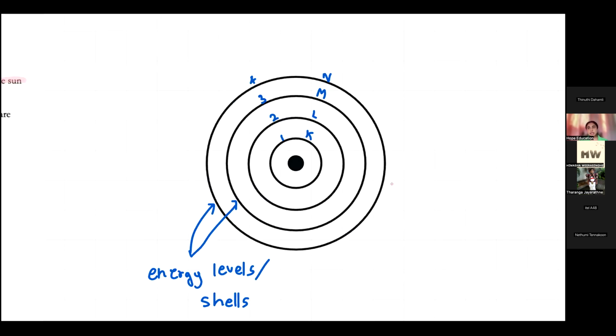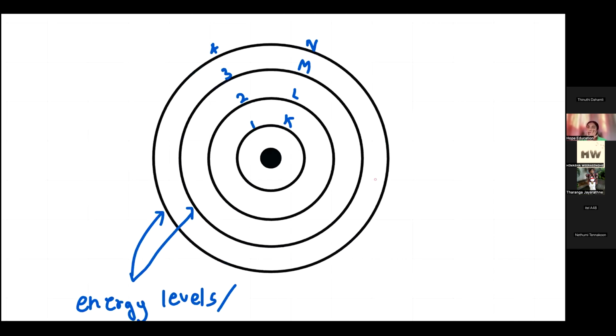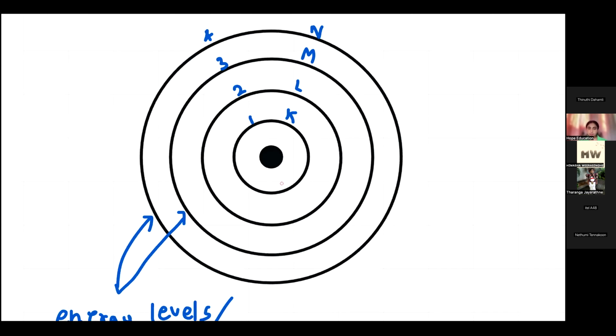Let me take a small example. I will write some example values. These are not real values, children. Real values are completely different from this, but just so you understand, I'm going to use some example values. Let's say the energy of the first energy level is 100 joules. Joules is the unit of measuring energy. Don't think too much about that. And then let's say the second energy level's energy is 250 joules.